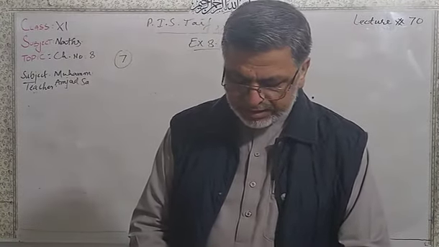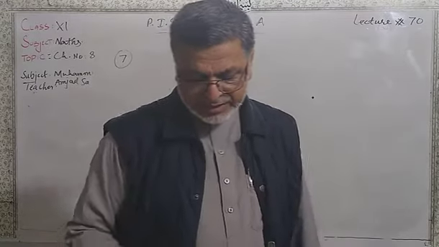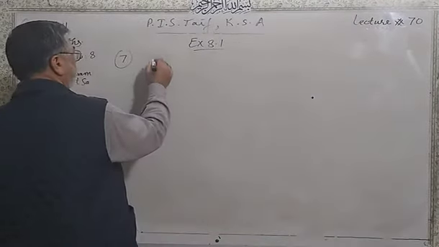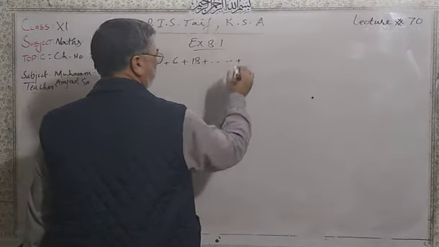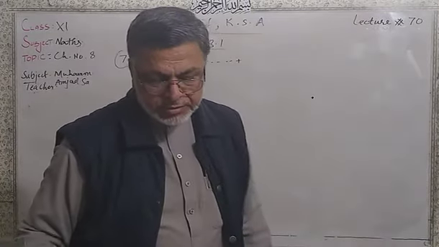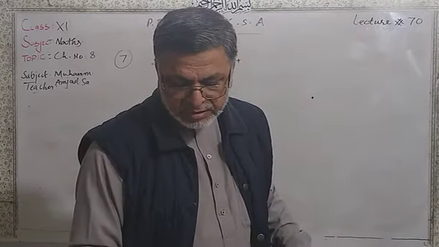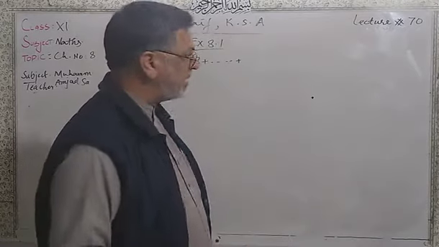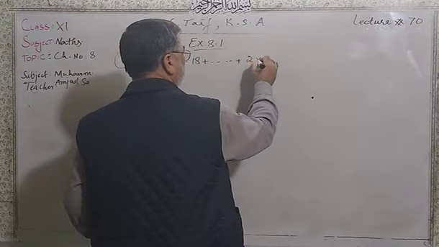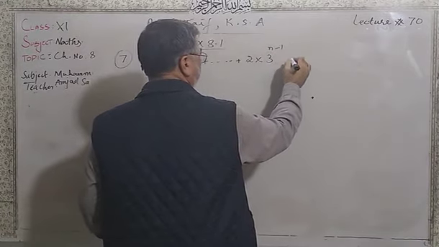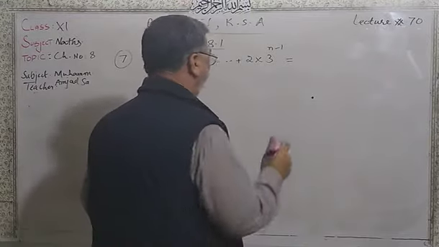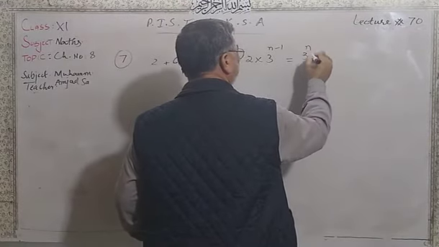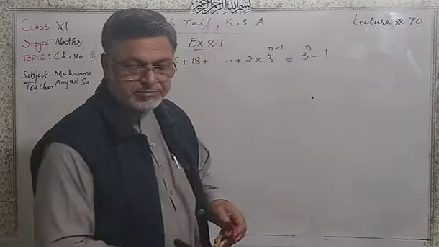Question number 7 is 2 plus 6 plus 18 plus so on to 2 into 3 power n minus 1 is equal to 3 power n minus 1.